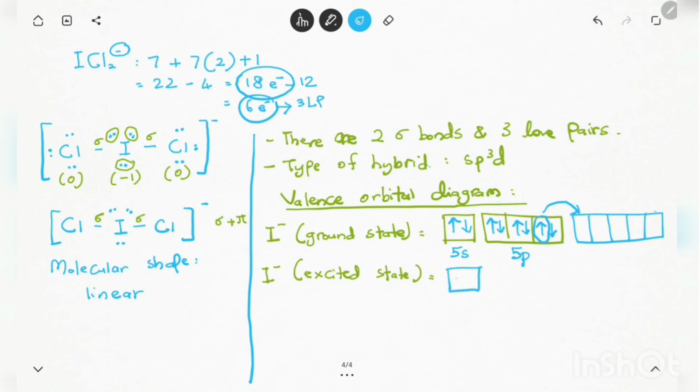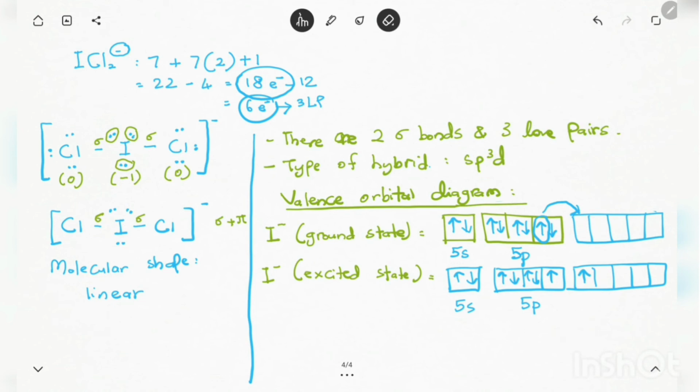So we have three lone pairs and 2 unpaired electrons.